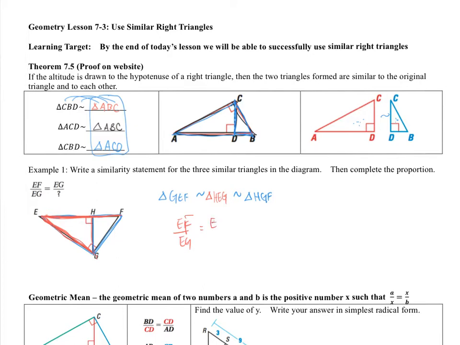So I'm going to write EG here. Let me see how this matches. And then EG of the bigger triangle again represents the longest leg of this big right triangle. So I need to look at this right triangle and find out that EH is the longer leg that corresponds with EG, which is the longer leg of the bigger triangle. So this would be EH.